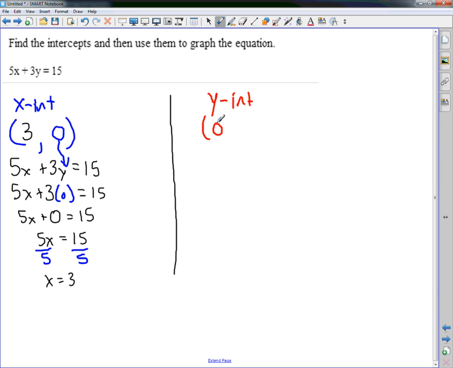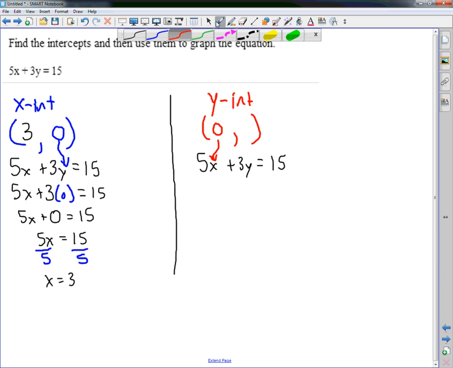The y-intercept happens when the x value is 0, and we're going to try to find the matching y value. So we have 5x plus 3y equals 15. I'm going to plug in a 0 for x.